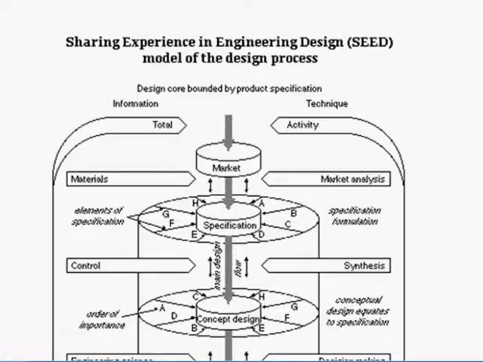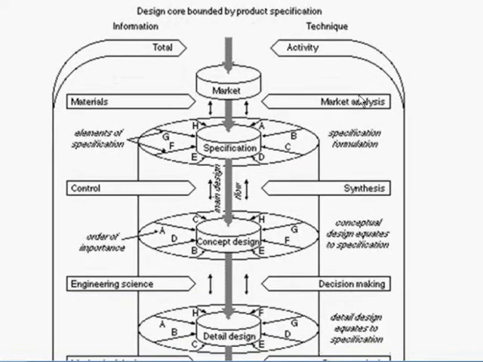So if we start with the first item here in the middle, the market. Now it's important to identify the market and establish if there's really a need for the design in the first place. I'll give you an example of this.